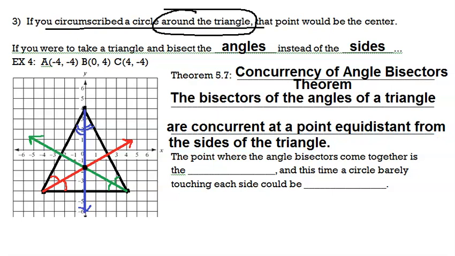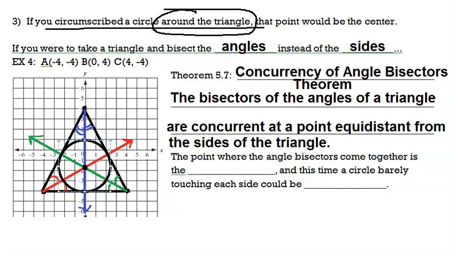With perpendicular bisectors, we used a circle to describe it. We drew a circle that went around all three vertices, and we used that to describe the theorem. So this time around, we're going to do the same thing, but instead of drawing the circle around, we're actually going to draw the circle inside.